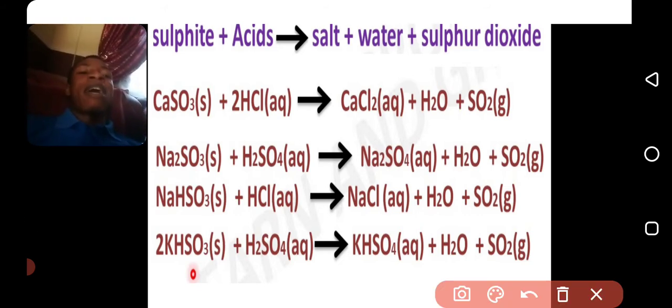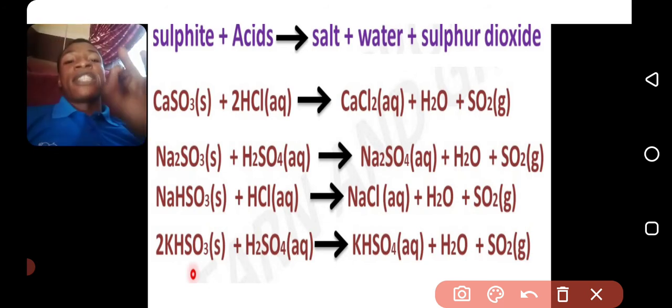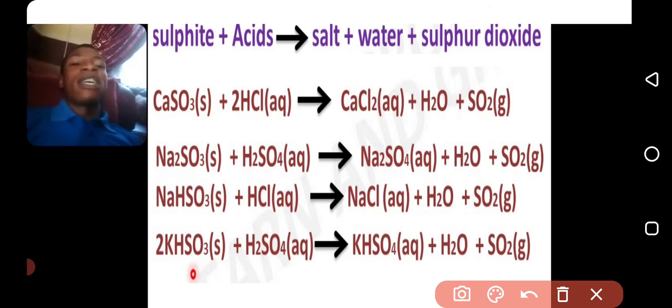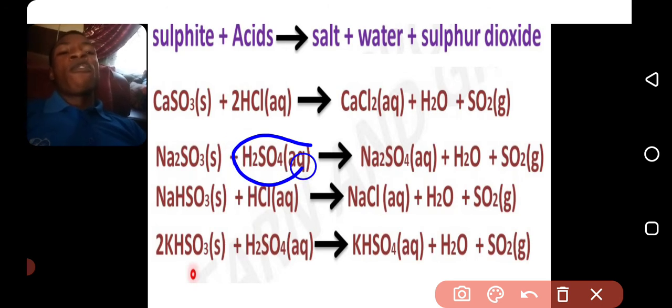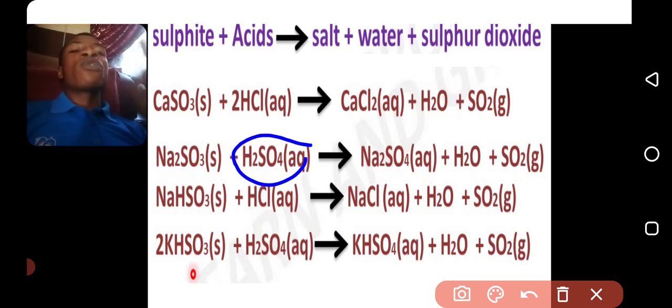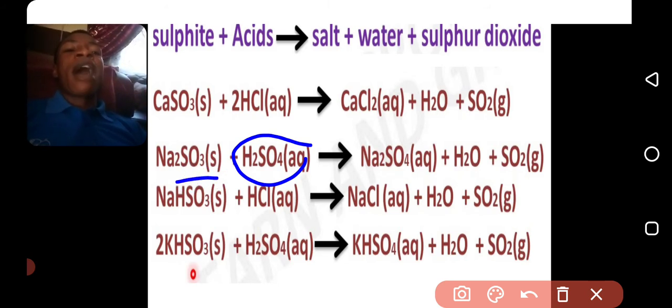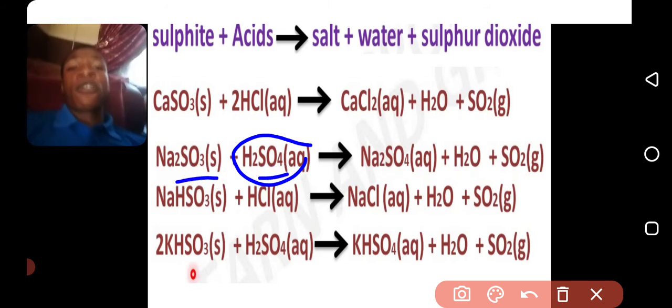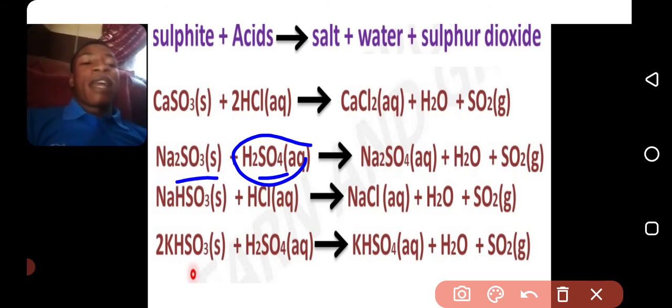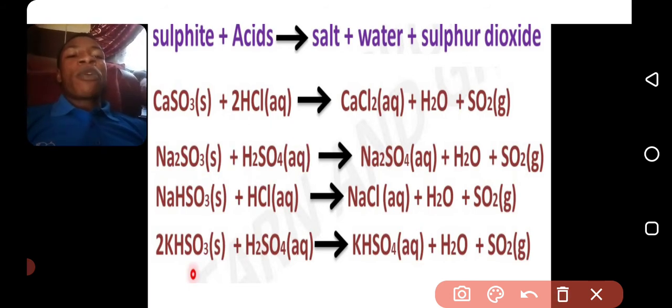Let's see another example here. Na2SO3, that's a sulphite salt, a trioxosulphate(IV) salt, reacting with H2SO4, tetraoxosulphate(VI) acid. Don't forget, SO3 and SO4 are different species of radicals. Now look at this very well. Na will pick up SO4.